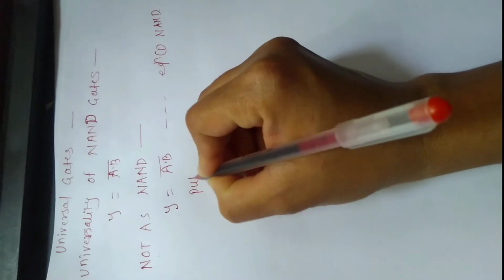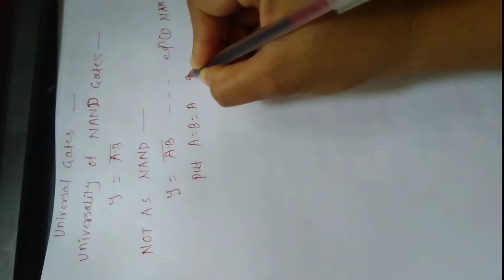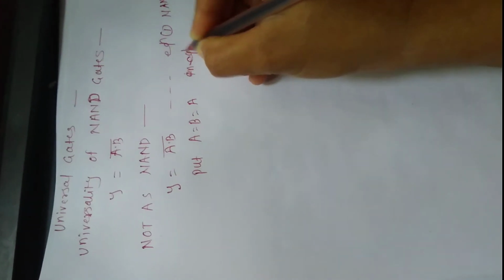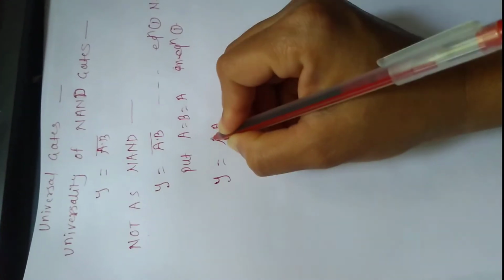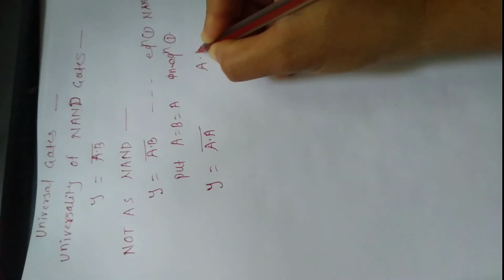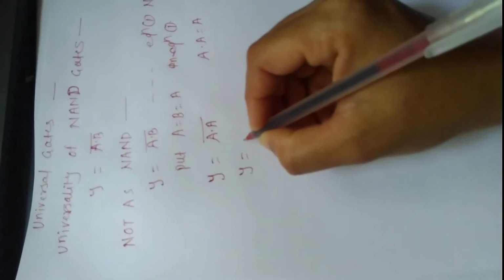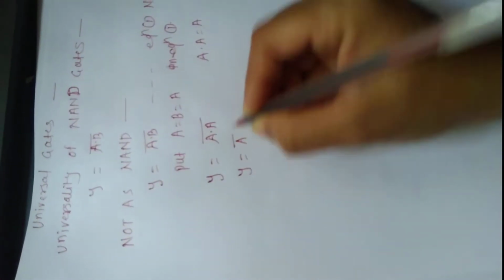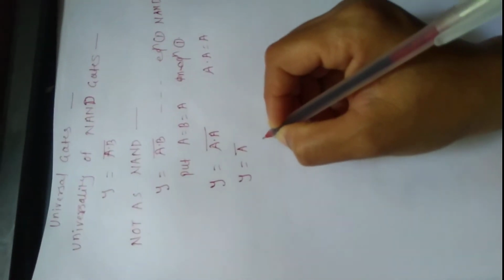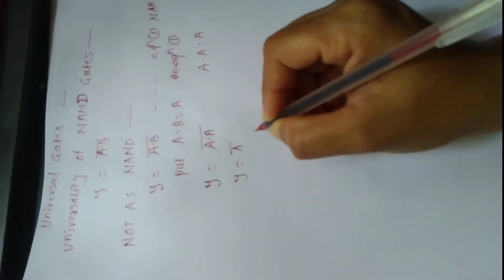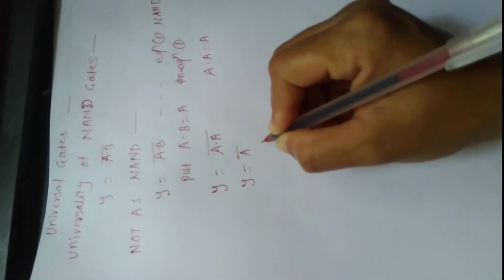So put a equals b equals a in this equation. So the expression is a into a bar, and a into a is represented as a, so the expression is y equals a bar, that is NOT as a NAND. This is the universality.